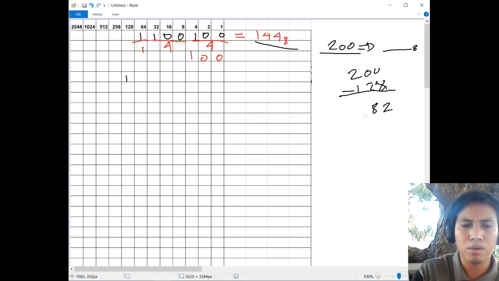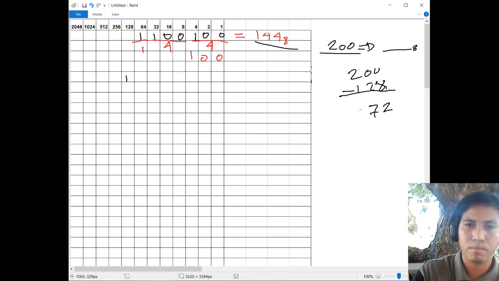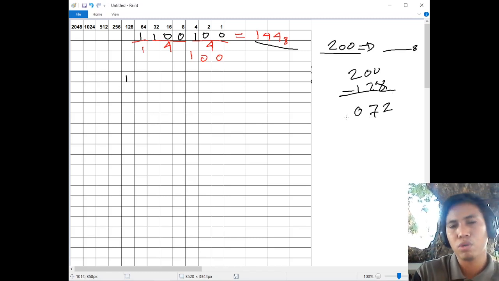Ah, wrong. It's not 82, that is 72. Because 0 minus 8 is 2, this will become 10 minus 8, that would be 2. This would become 9, 9 minus 2, that would be 7. And this is 0, because 1 minus 1 is 0.